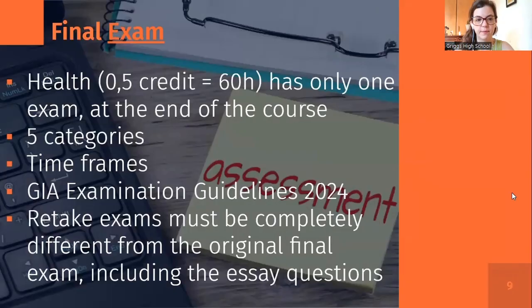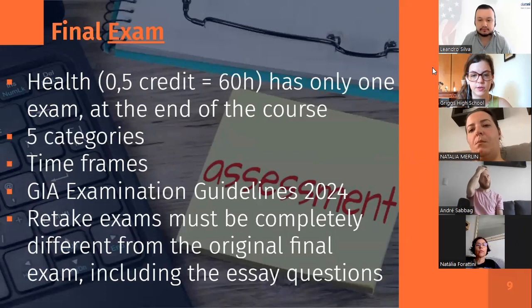For the final exam, for health, it's a half credit, 60 hours. It has only one exam at the end of the course, the final exam. All the exams at Griggs have 5 categories of questions. And for each category, we have a specific percentage value for the final grade and time frames, how much time the students will spend doing each part of the exam.